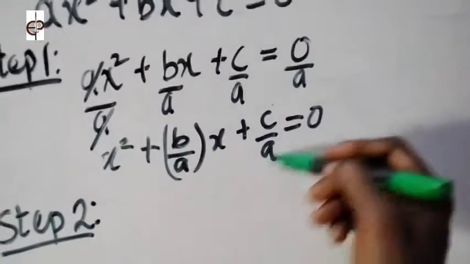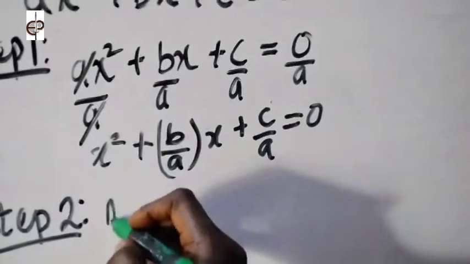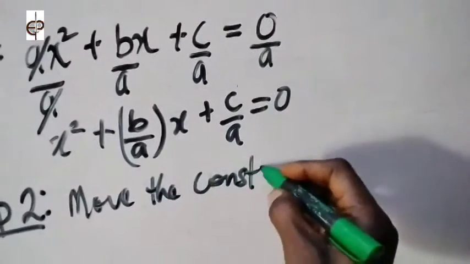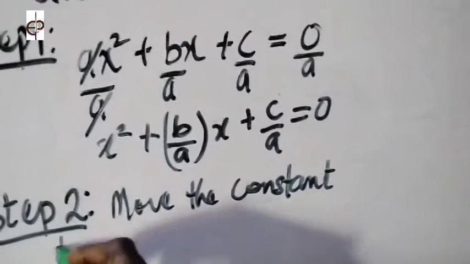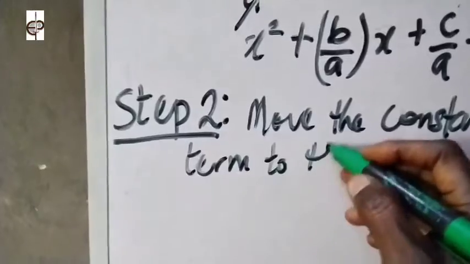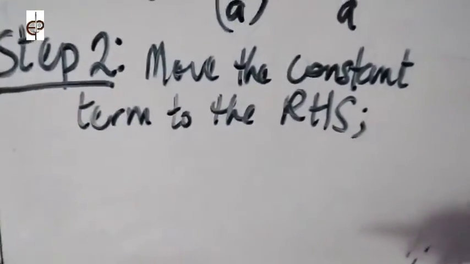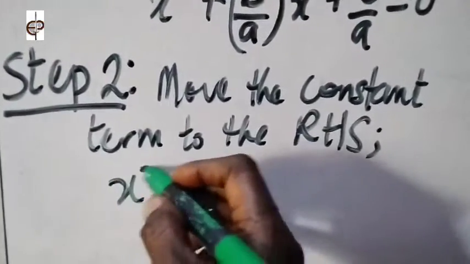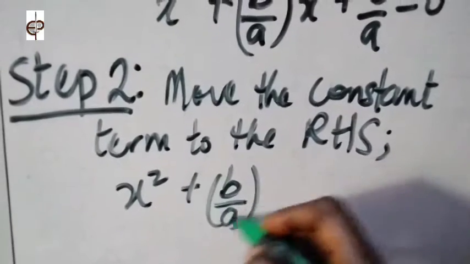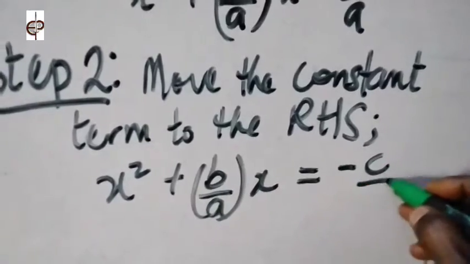We move the constant term to the right hand side, and we'll have x squared plus b over a of x is equal to minus c over a.